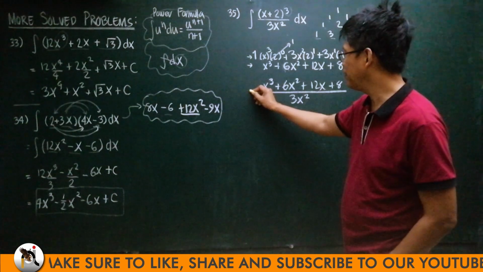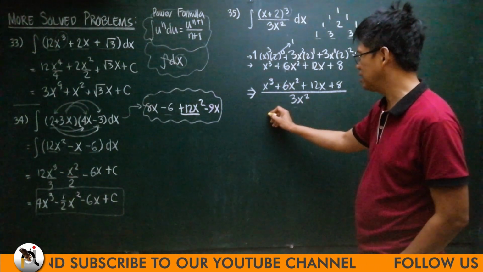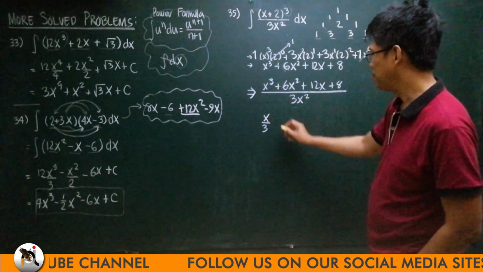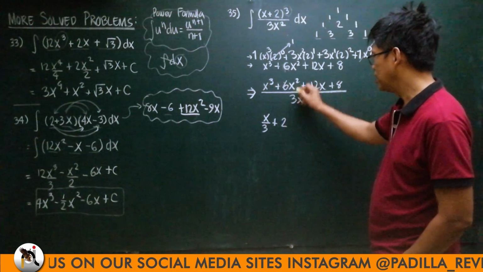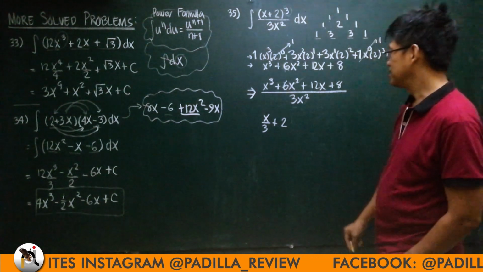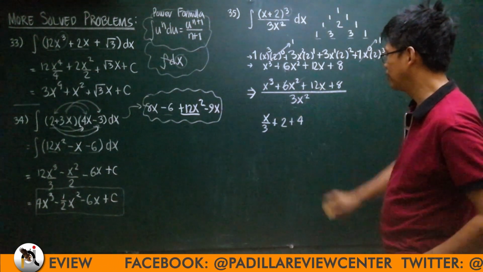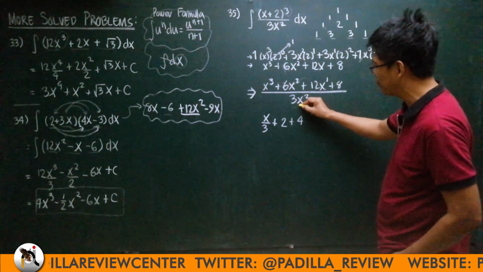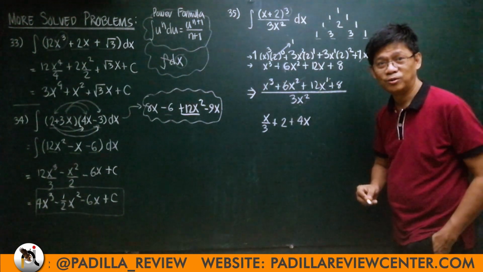So I will have here x cubed over x squared, that is x over 3, plus 6 over 3, that is 2, x squared over x squared cancelled, right? So plus 12 over 3, 4. X over x squared, x to the 1 over x to the 2 is x to the 1 minus 2.